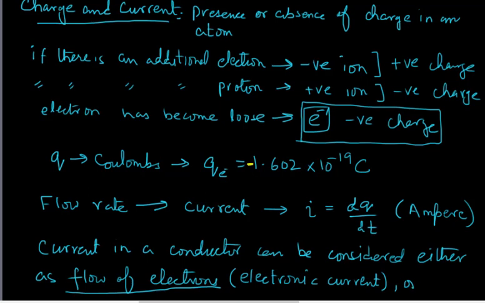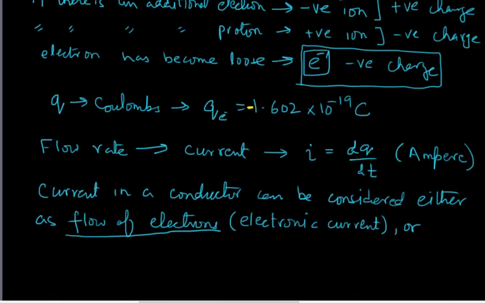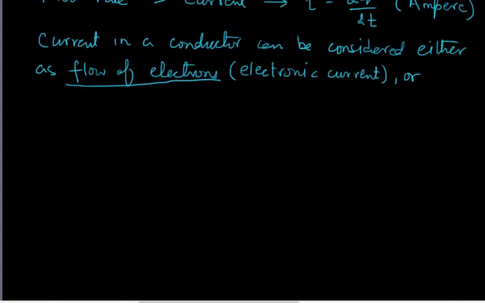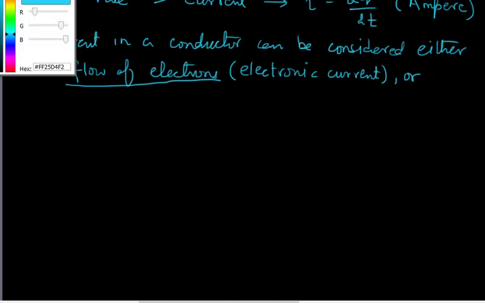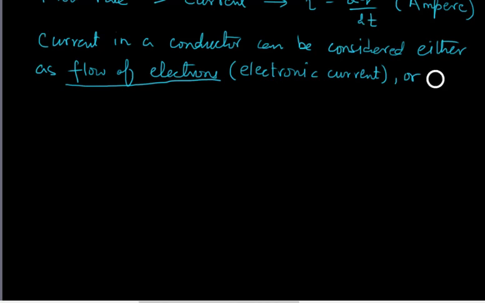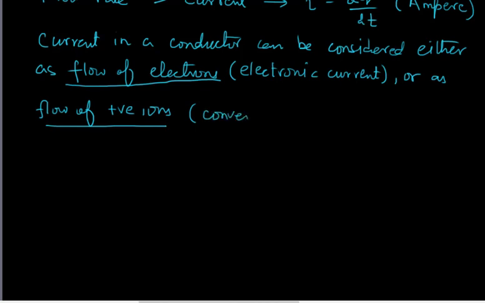But some people say that it can be considered as flow of positive ions, and such a current is called conventional current.